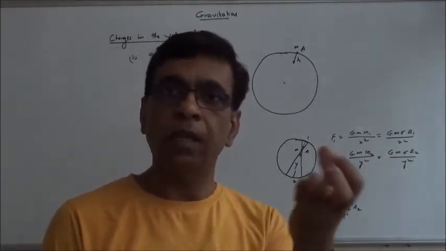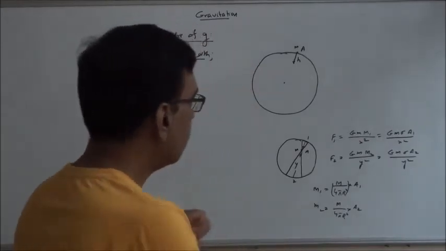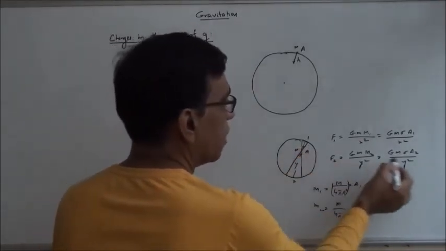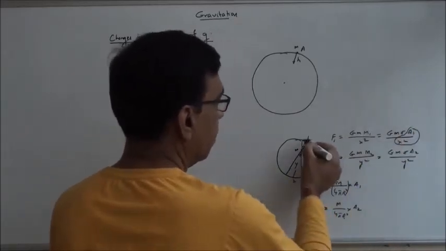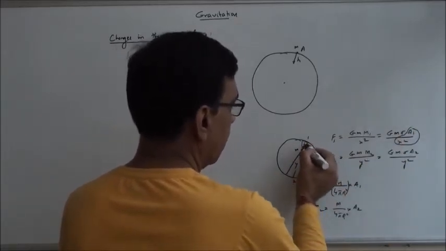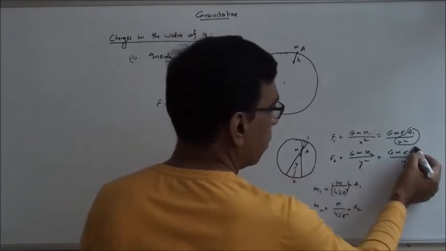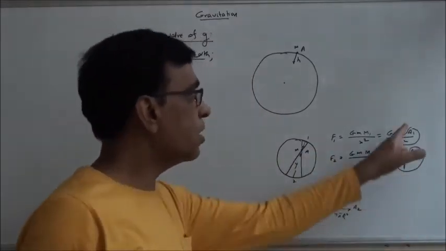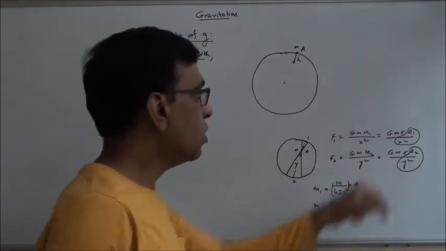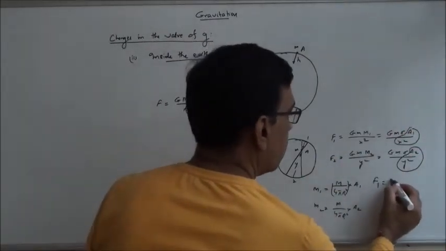Solid angle is area upon distance square. So this area upon distance square is the solid angle subtended by this area, and this one and solid angle are equal. It means this is equal to this. If this is equal to this, don't you think F1 is equal to F2?